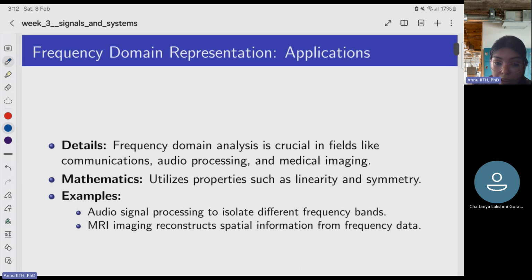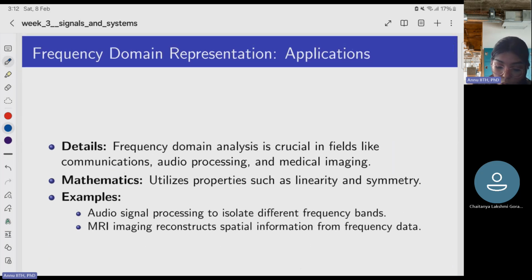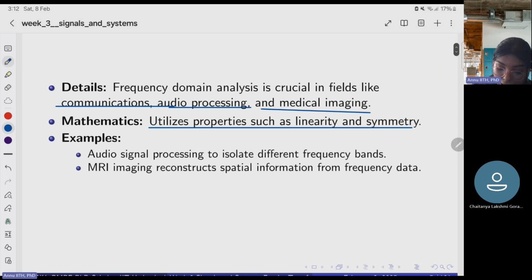So if I talk about the applications, frequency domain analysis is very crucial in fields like communication systems, audio processing, and medical imaging. In mathematics, it utilizes properties such as linearity and symmetry. Examples are audio signal processing to isolate different frequency bands.